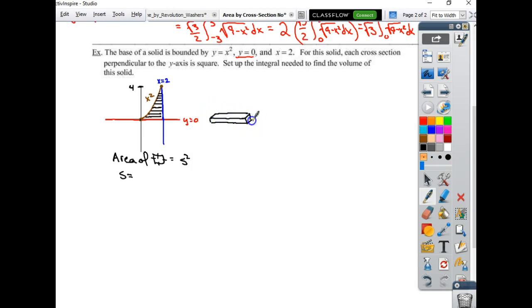So we have these weird squares with a super thin piece that we're going to call a dy piece, that we're going to have to travel from 0 to 4.